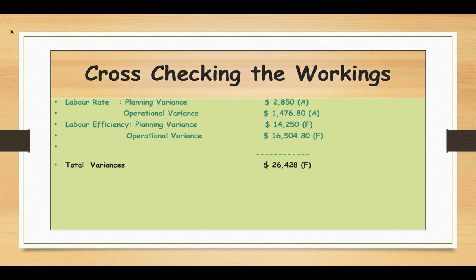Remember, under method 1 and method 2, our calculation will be slightly different, but both methods are right. So we are going to see the standard cost, which is $85,500. 38,000 batches times 9 divided by 60 times $15. So that is 85,500, but the actual cost is $59,072. So the labor cost variance is $26,428 favorable. So whichever method you follow, the calculations will be right.